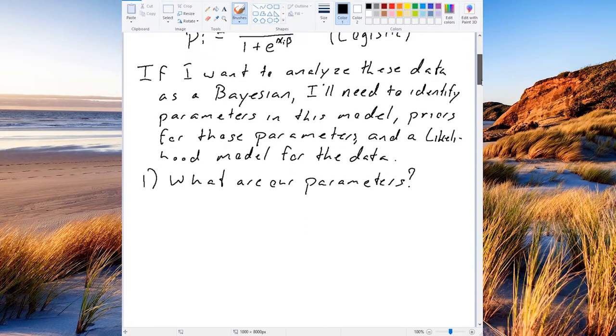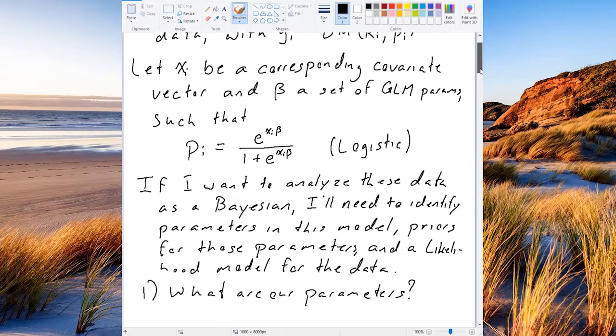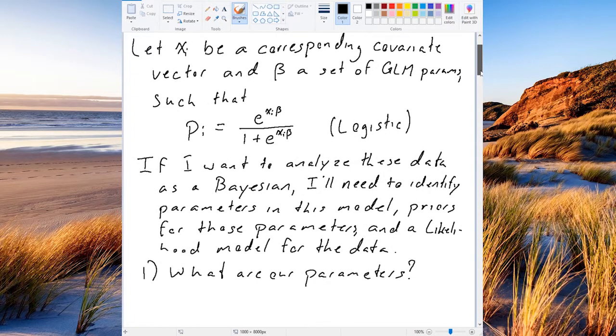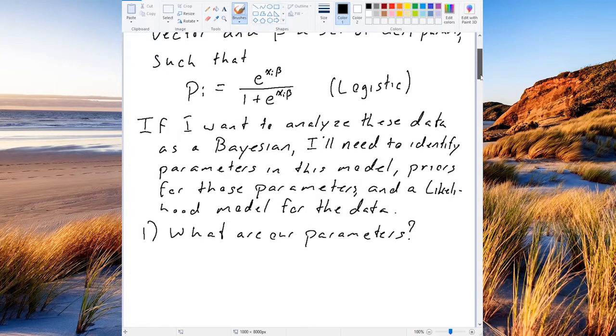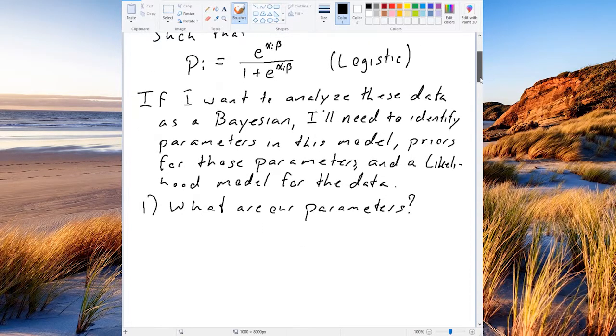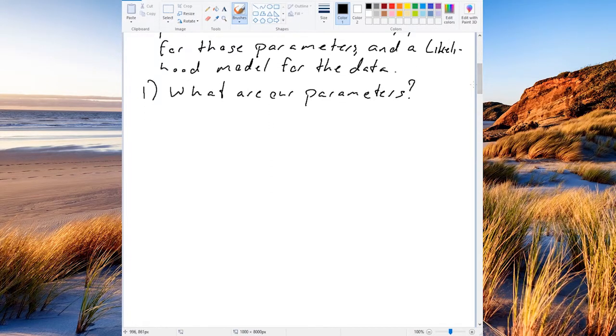And so what we're actually going to refer to as our parameters here, instead of having a separate p for each y, which is a bit more like an ANOVA type model, a non-parametric type model, we want to just look at the betas. The betas should be a smaller parameter space, such that just knowing the x's and the betas is going to give us everything we need to know about those probabilities.